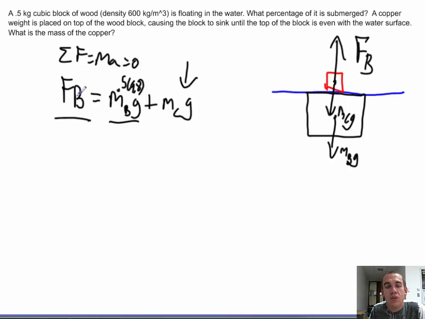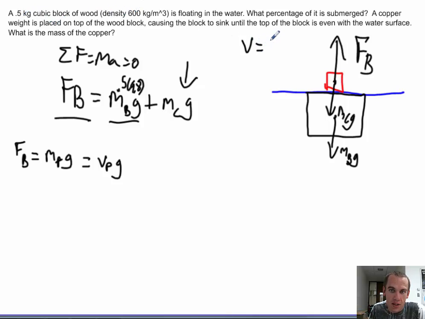Well, I actually do know the buoyant force, because remember, the buoyant force is equal to the weight of the displaced fluid, or the mass of the displaced fluid times the acceleration due to gravity. I know how much mass is being displaced because I know the volume. Remember, this is volume times density times g. The volume is the volume of the wood block, which is given by 0.5 divided by 0.6, right?